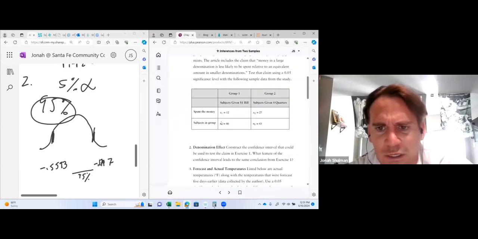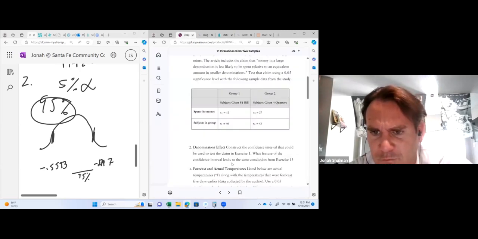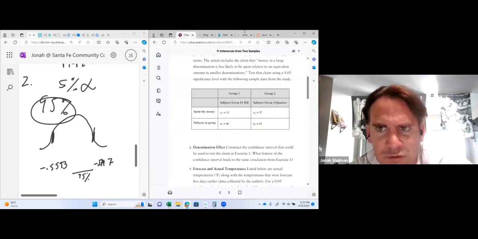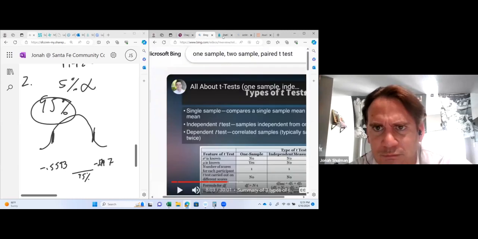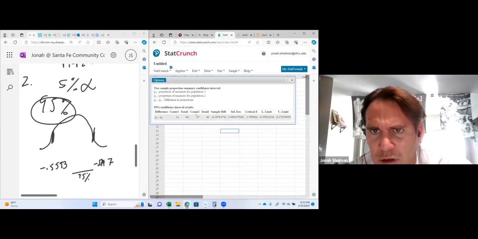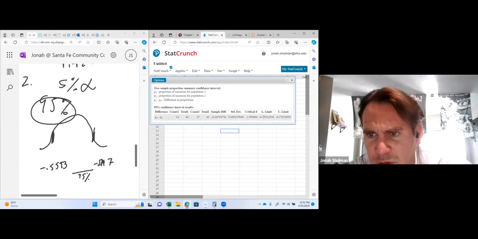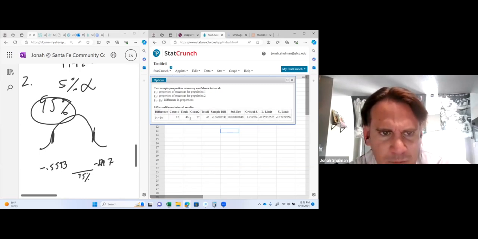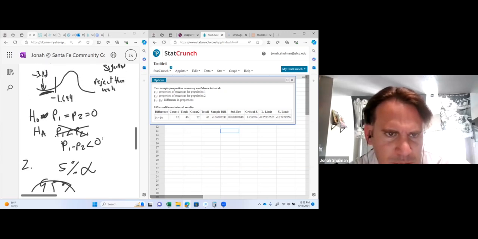And the question is saying, what feature of the confidence interval leads to the same conclusion as exercise 1? What feature? Okay. The feature that's the same. Well, our critical Z is not the same.